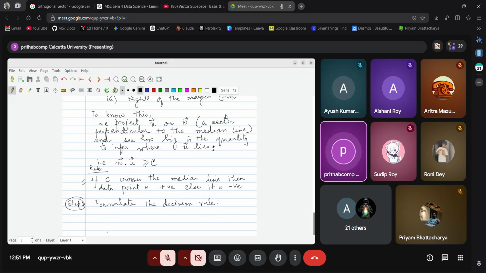So we'll write it algebraically. So we say that this W dot U, which is that vector projection value, plus some B.